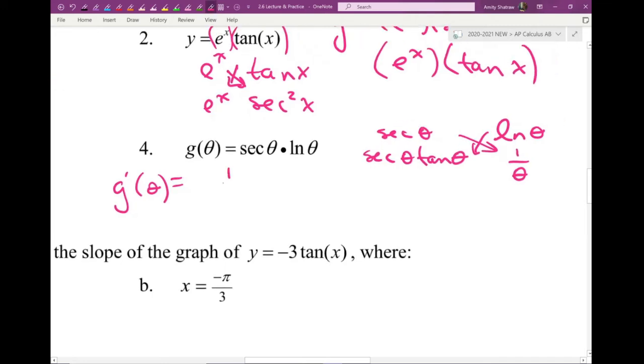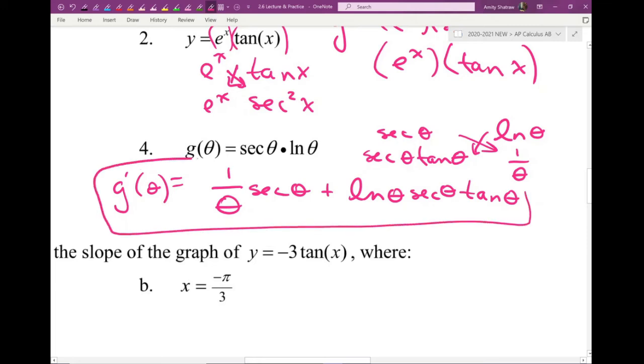So I have a 1 over theta secant theta plus a natural log of theta and a secant of theta and a tangent of theta. And I have no idea what this function looks like, so if I were you, I would definitely throw it into Desmos. I bet it's pretty.